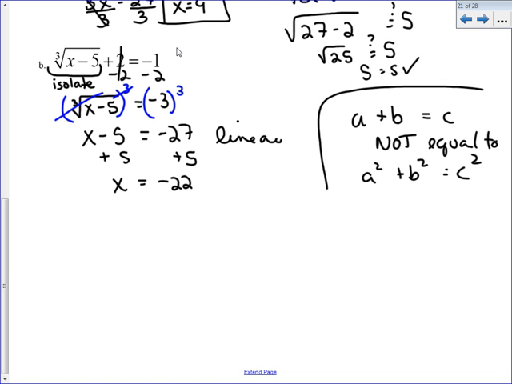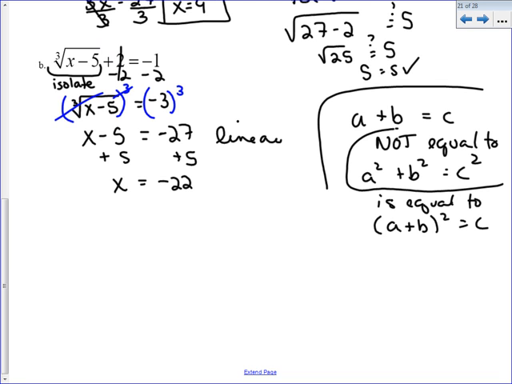That doesn't work. So it's not equal to this, it is equal to a plus b squared equals c, but then what's going to have to happen here if you have a binomial squared? You'd have to set it up and FOIL it.